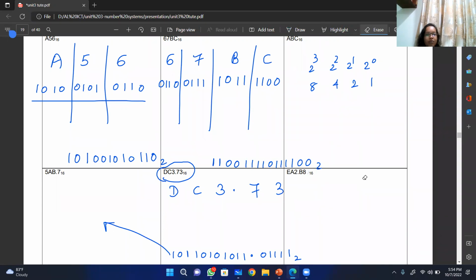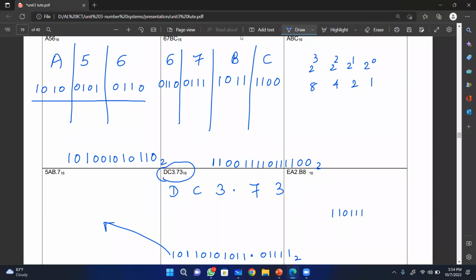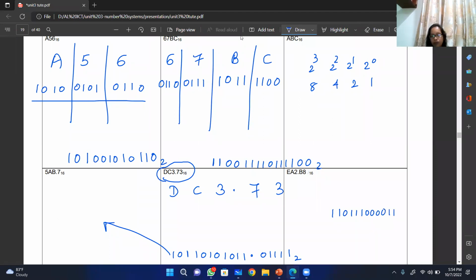Right. Fifth answer. For the fifth one, I got 11, 0, 111, 111, 0, 111, 00, 00, 11, point, 0, 111, 00, 11, base 2.